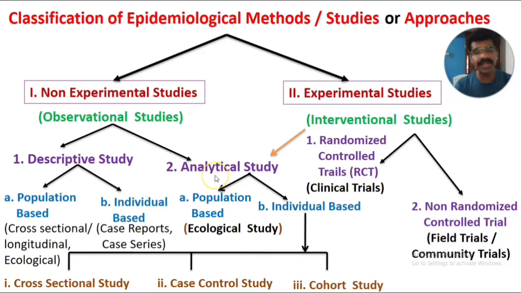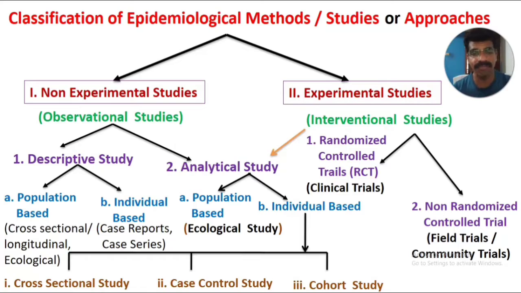In an analytical study, we go further than the descriptive study. After the descriptive study, we know that people are suffering from a particular problem in the community, for example COVID. Why are these people suffering, and what is the relationship between the etiology or exposure and the outcome of COVID-19?